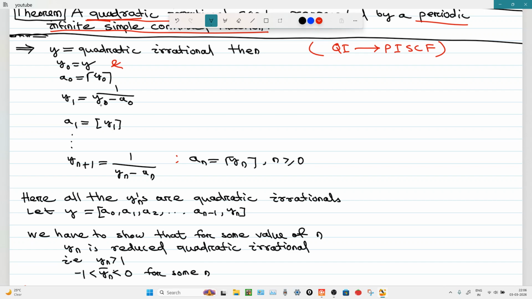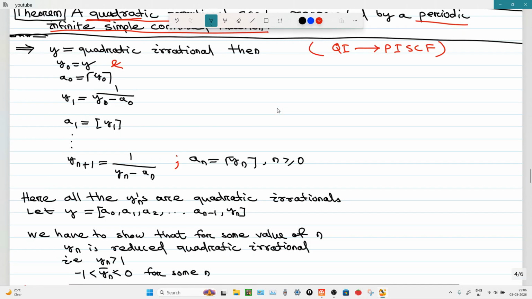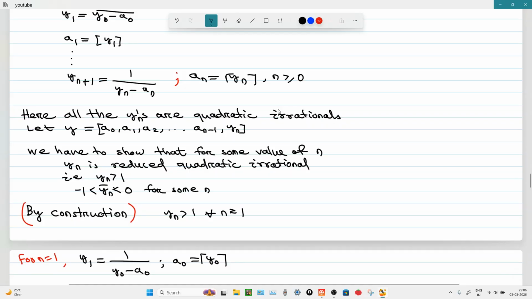Then y1 equals 1 by (y0 minus a0) and a1 equals the greatest integer of y1. In general, y(n+1) equals 1 by (yn minus an), then an equals the greatest integer of yn, for n greater than or equal to n0. Here all the y's are quadratic irrational.